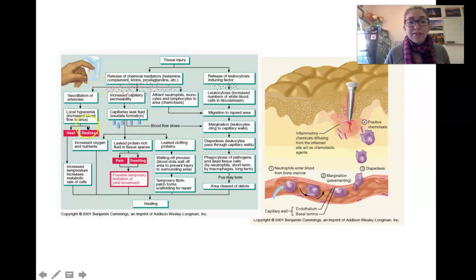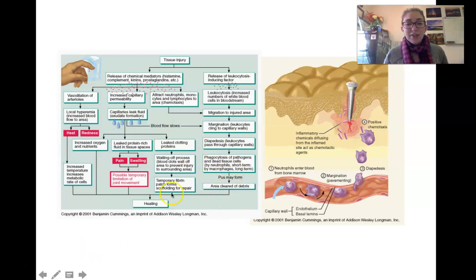It also causes that swelling and pain from the pressure. It also can release cytokines that lead to the heat and redness of that tissue site. And it also leads to attraction of neutrophils, white blood cells, to the site where they migrate to the injured area, and they can do diapedesis, exit the blood vessels, and then do phagocytosis, eating the bacteria in that area.